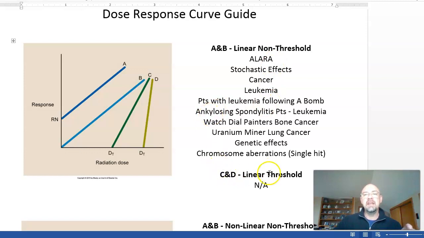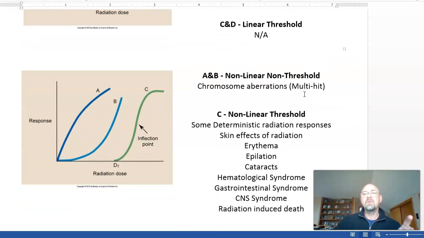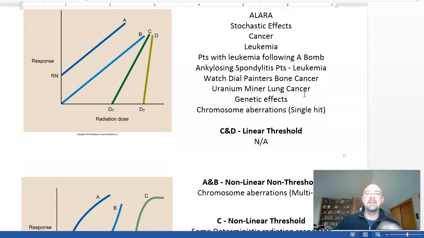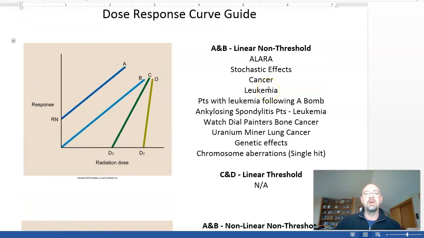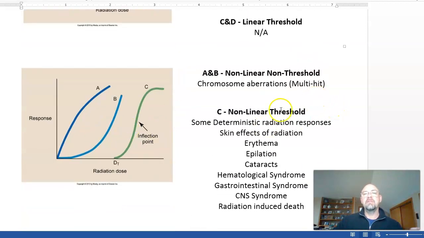C and D, linear threshold, not applicable. We don't care about C and D. So this is what's going to be represented here, and that's how these questions are going to be asked. Cancer effects, genetic effects, leukemia: which dose-response relationship curve? You need to say that it is a linear non-threshold curve. With regards to non-linear, non-threshold, we could talk about chromosomal aberrations, multi-hit.